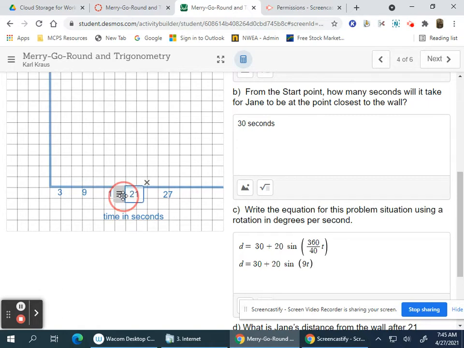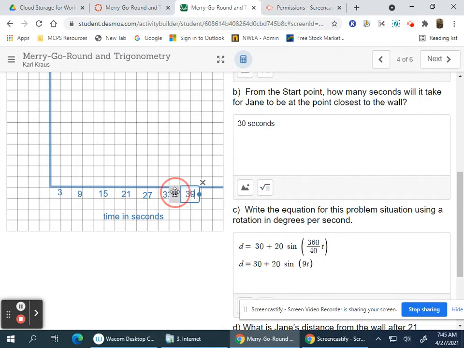Let's see here, put these in the right place. And 27 and 6 is 33. And 6 is 39.